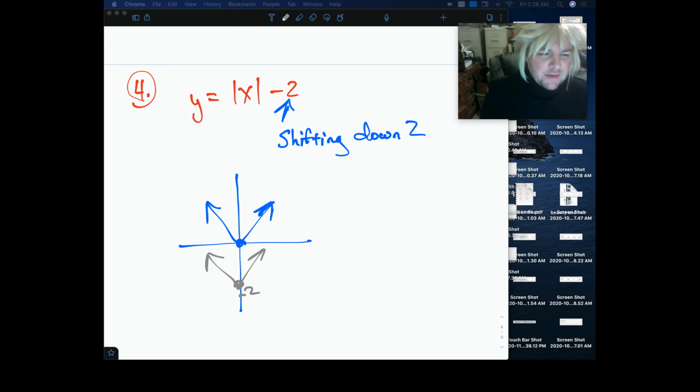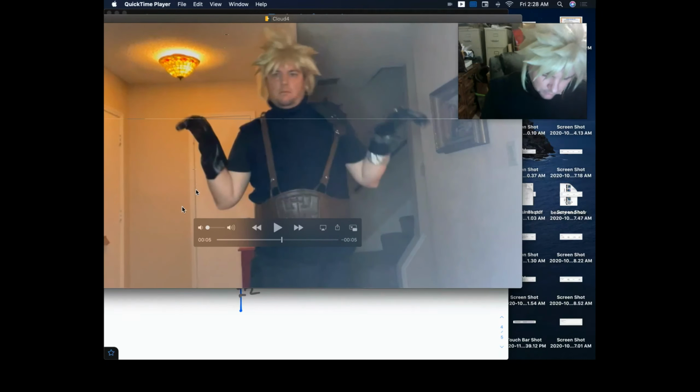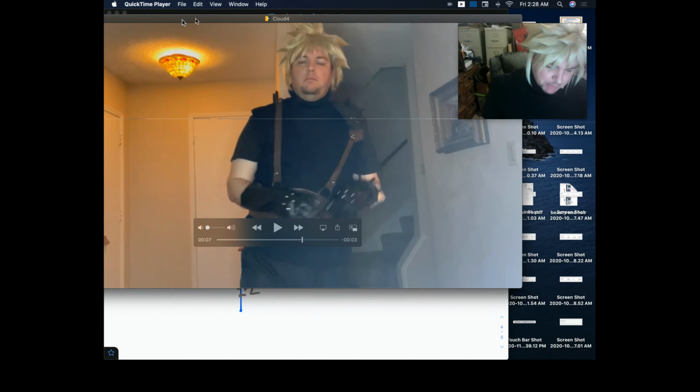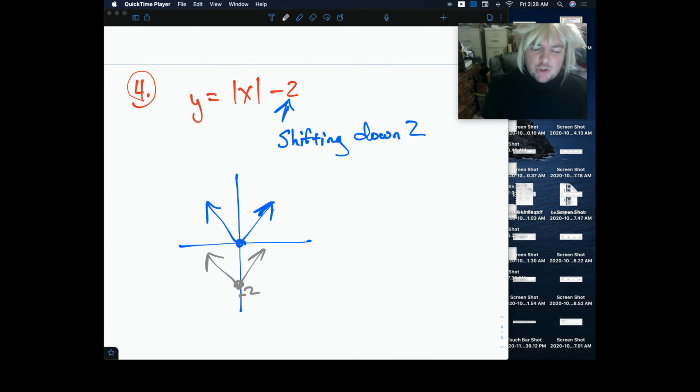One doesn't know until one experiences it. Let's experience it. Hold on. Wait. That makes perfect sense. It looks just like an absolute value function. Brilliant. All right. Let's keep going.